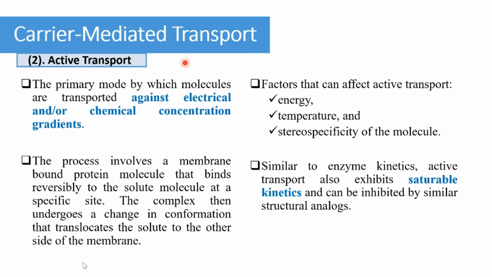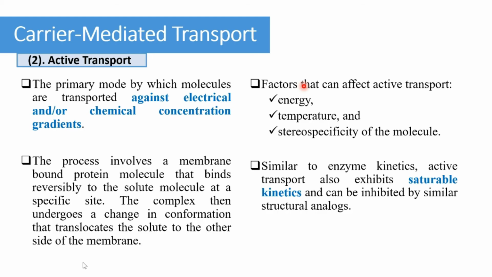Okay, so the second part of carrier-mediated transport is active transport. The primary mode by which molecules are transported against electrical and/or chemical concentration gradients is the definition of active transport. For active transport, the process involves a membrane-bound protein molecule that binds reversibly to the solute molecule at a specific site. The complex then undergoes a change in conformation that translocates the solute to the other side of the membrane.